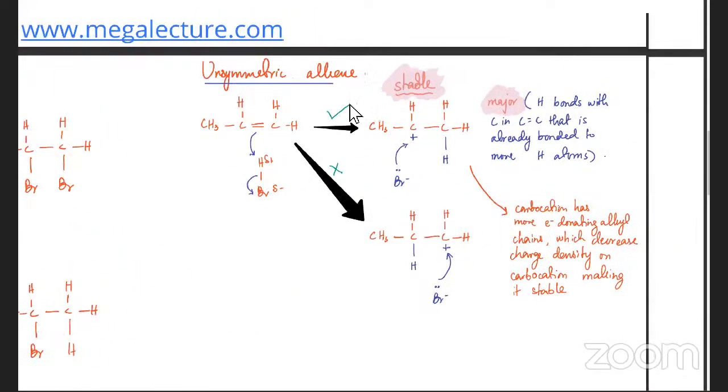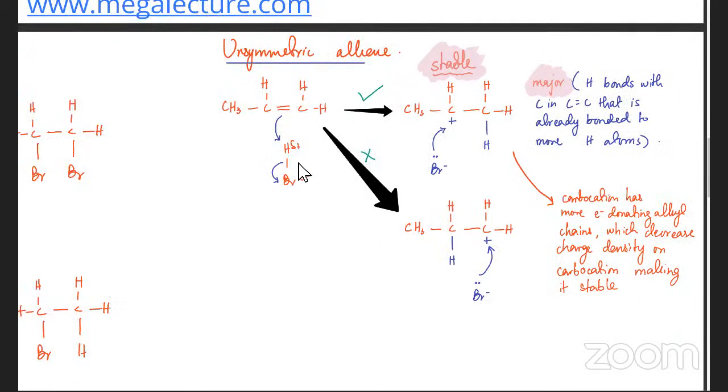Whenever you have an unsymmetric alkene, during the electrophilic addition reaction, the H has two choices. It can steal electrons from the double bond and bond with the carbon on the right, or this H can steal electrons from the double bond and bond with the carbon on the left.